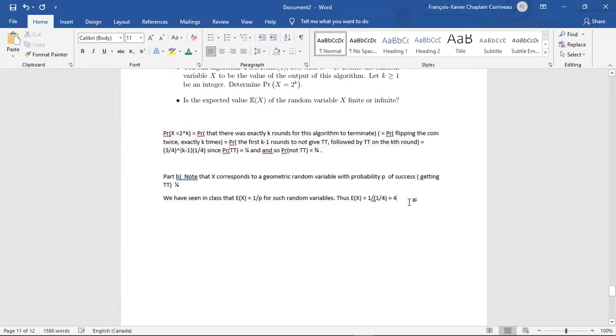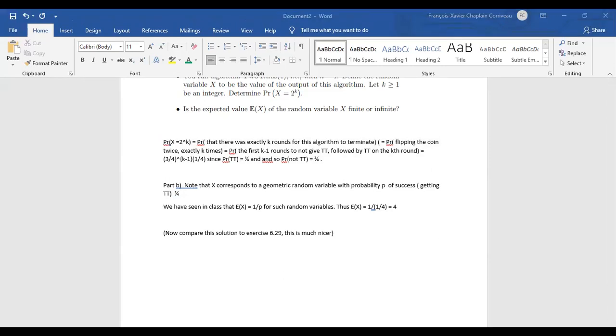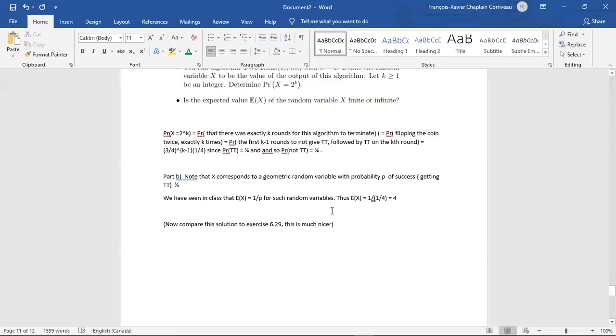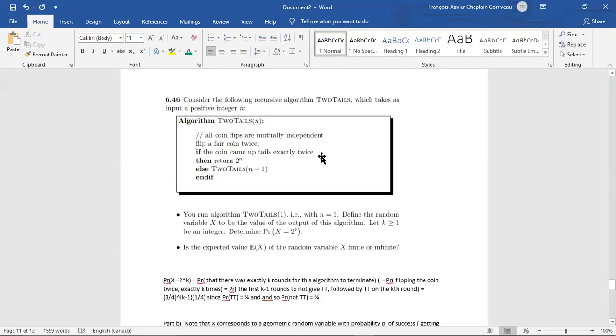So I'll just make a note: this is the solution to exercise 3, was it 6.29? I think it is this one. So this is a much, much nicer solution, and it's a good trick to think about.